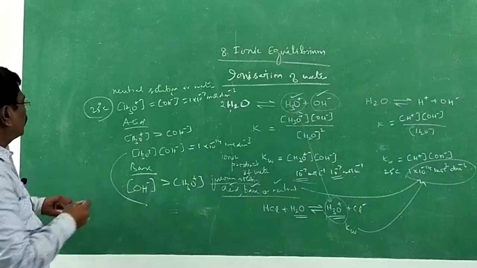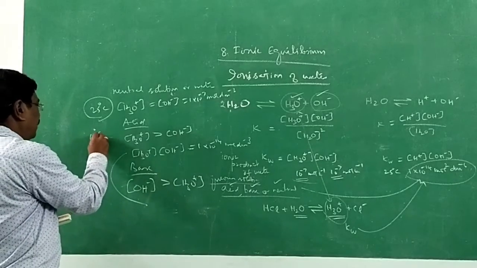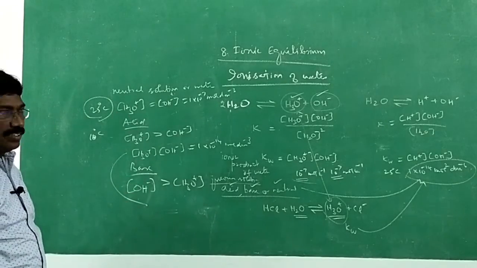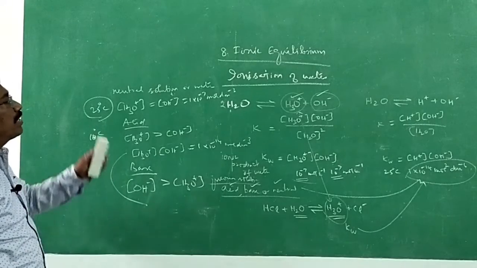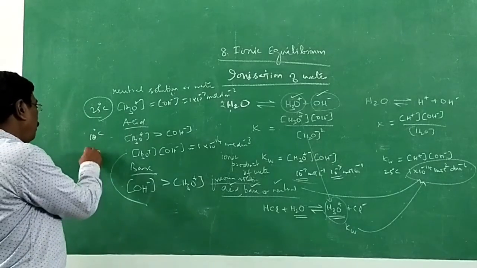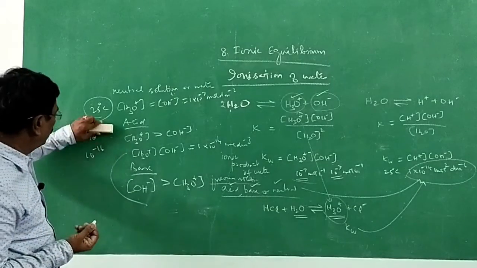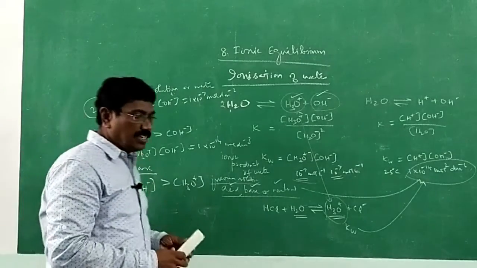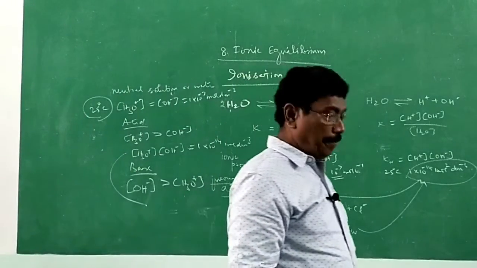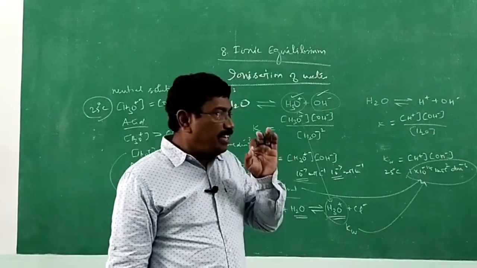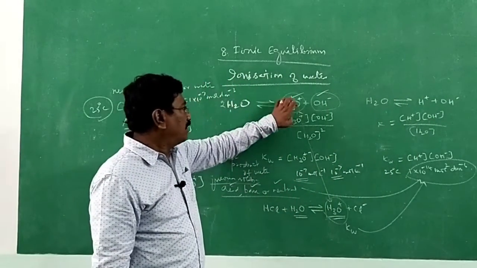If we reduce the temperature to say 10 degrees Celsius, the ionization will get reduced. When the ionization gets reduced, the ionic product will get reduced. Therefore, it may become 10 power minus 16, like that. So now you might have understood the concept of ionization of water. Water will give equal concentrations of hydronium ions and hydroxide ions.